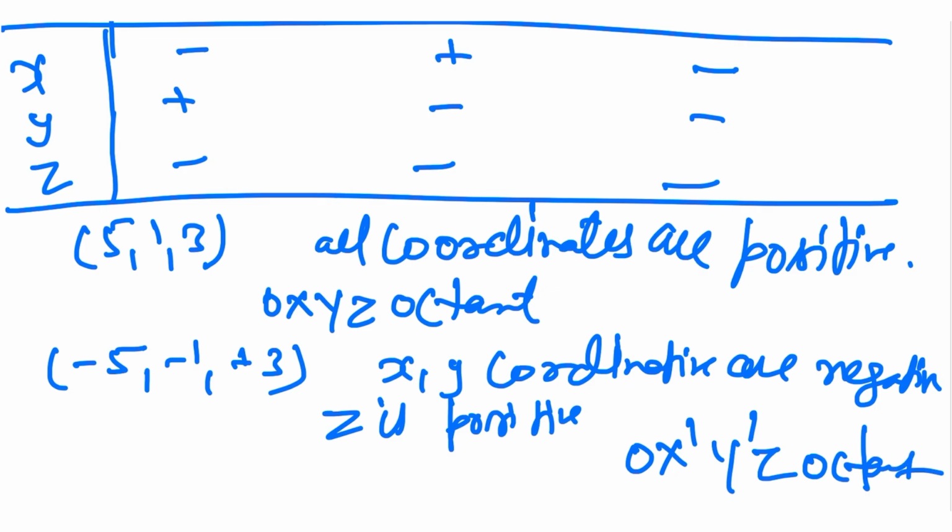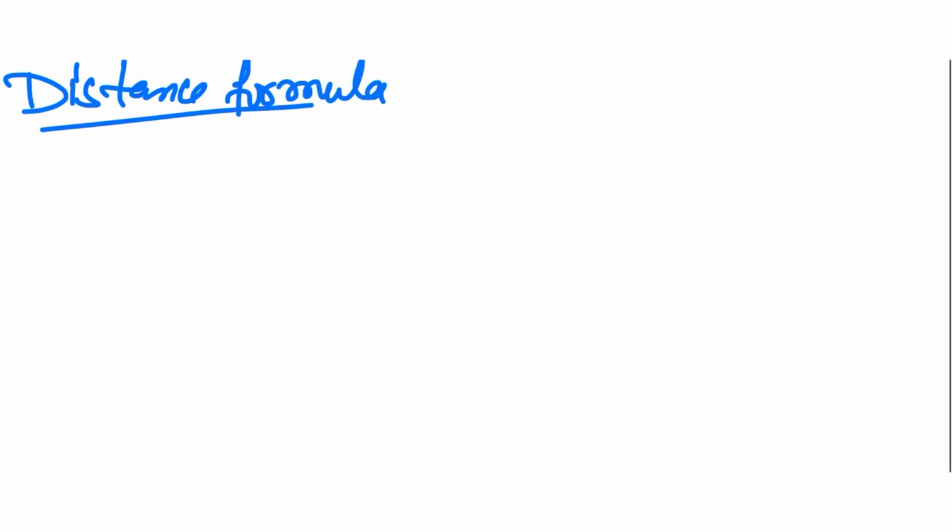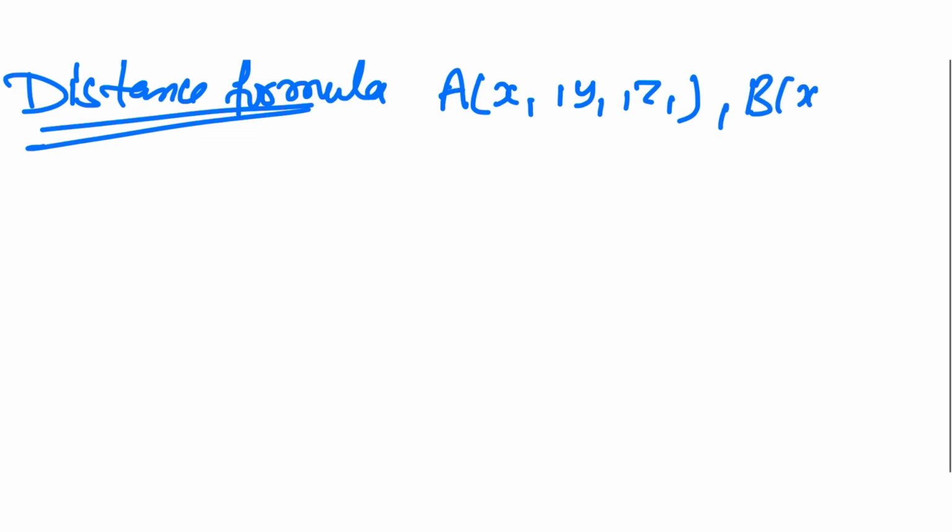Now we have the distance formula. The distance formula is used to find the distance between two given points. Let one point be A, x1, y1 and z1, while the second point is B, x2, y2 and z2.